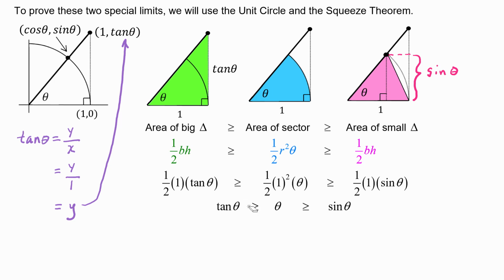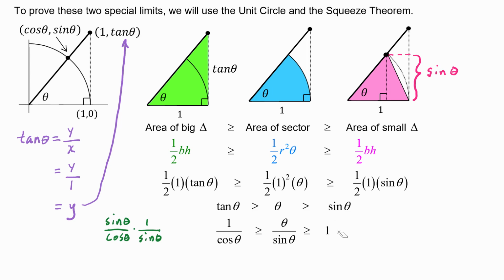Since tangent of theta is just sine theta over cosine theta, if we divide by sine of theta, that's how it ends up equaling 1 over cosine, because the sine here cancels the sine here. All we have left is 1 over cosine theta. The middle term becomes theta over sine theta, and the right-hand side becomes 1, because sine theta over sine theta is 1.